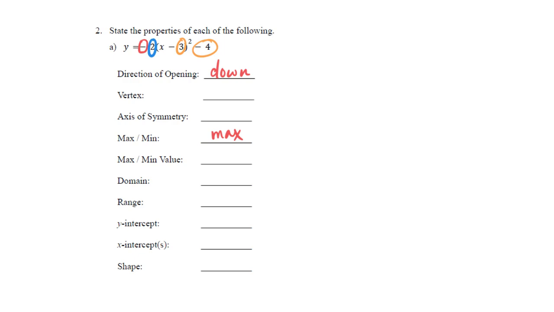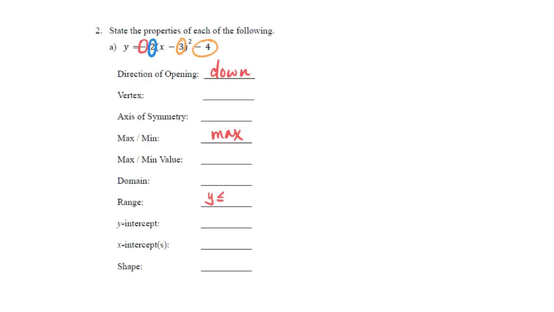Because my parabola is opening down, I know I have y is less than or equal to something. I don't know to what, but I at least know it's less than or equal to. And I don't know anything about the y-intercept, x-intercept, or shape. Okay, everything from the negative is what you see listed in red.